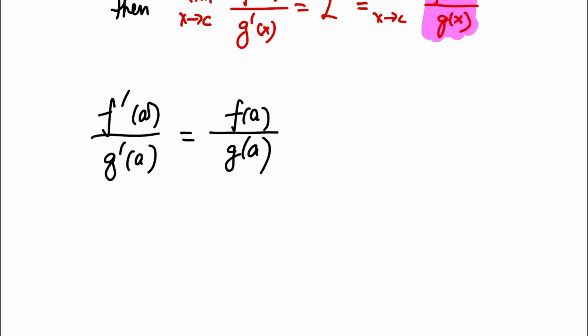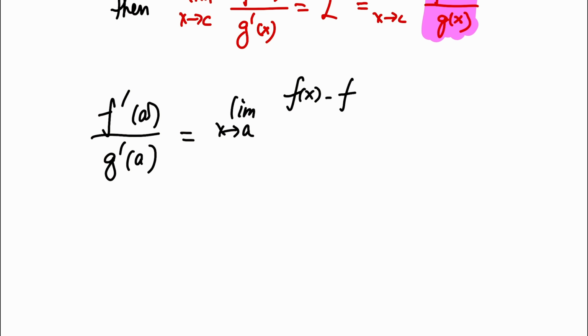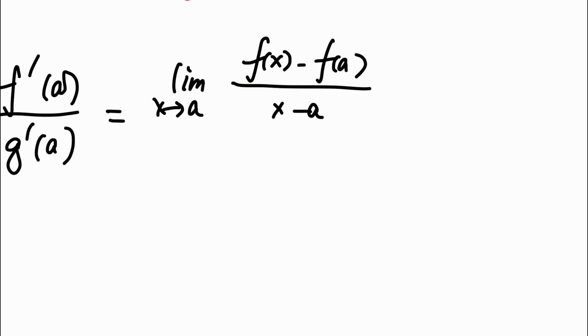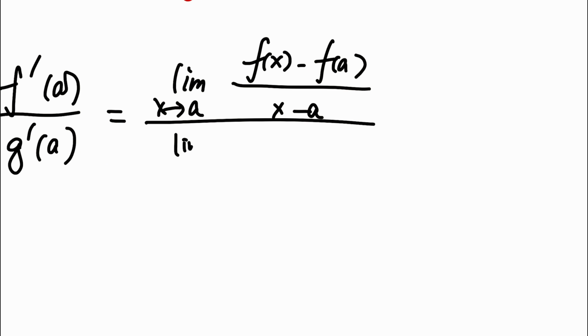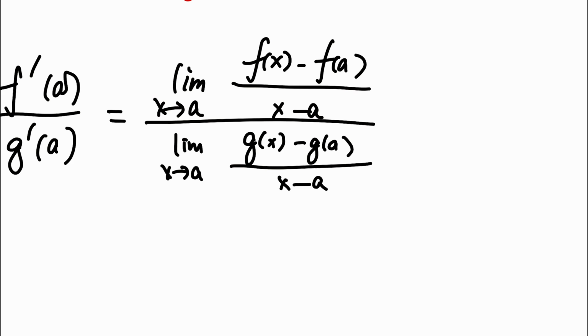So, when we're trying to prove that, this numerator is actually equal to the limit as x approaches a of f of x minus f of a. Notice here we are actually using a, not h over here, but it's basically the same rule that we're using here. And this is over x minus a, and the denominator is the limit as x approaches a of g of x minus g of a over x minus a.